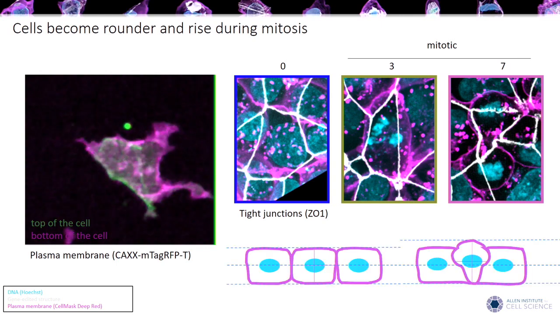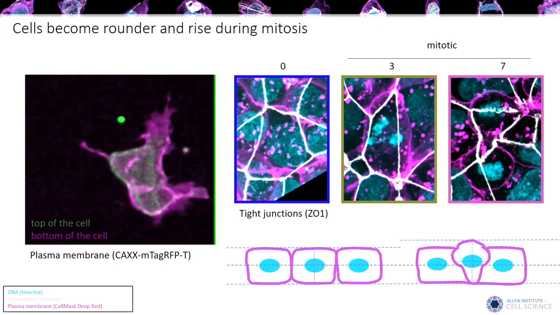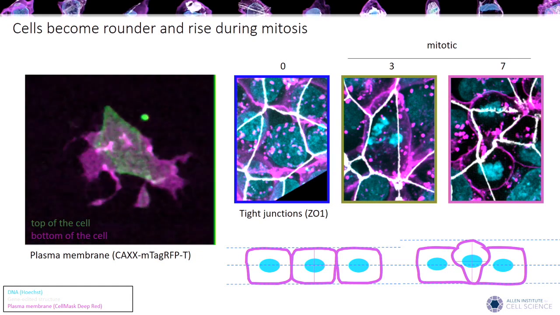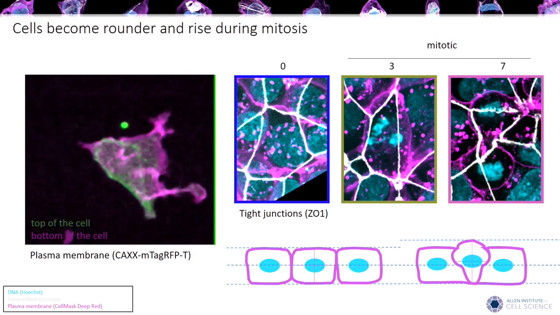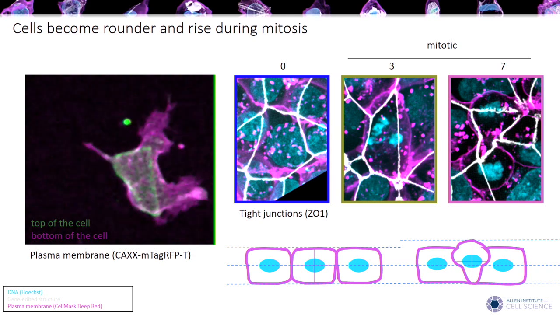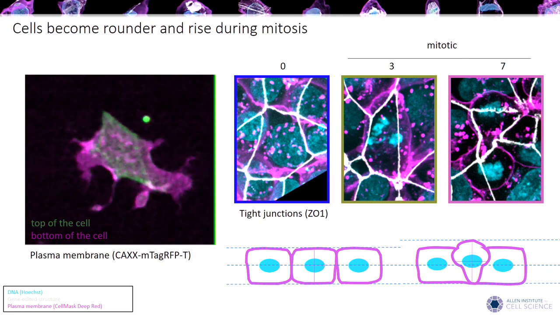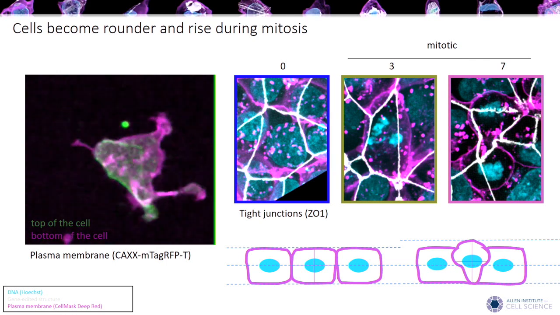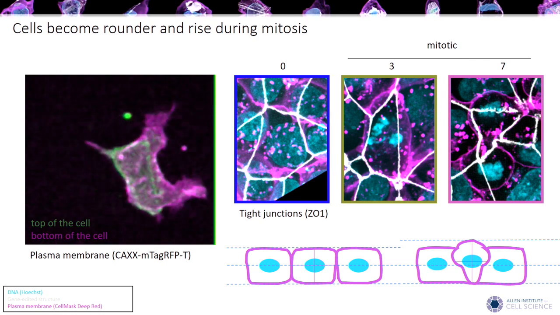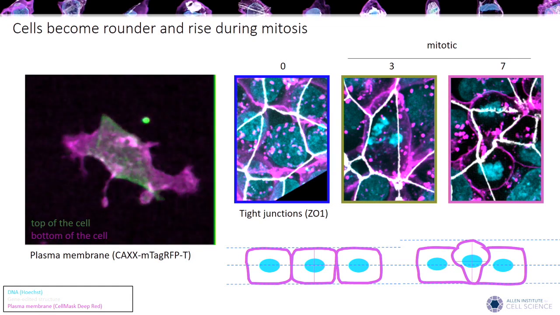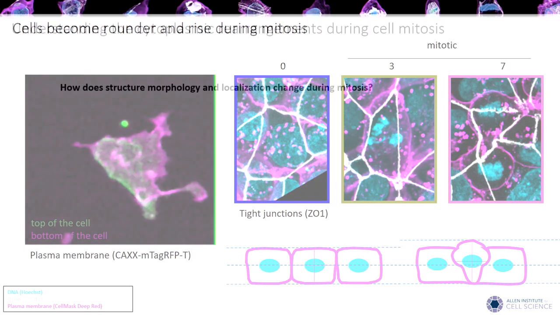So we think by maintaining the contacts with the neighboring cells, this is how the cells, once they divide, can maintain their position within the colony while rounding up. So they're maintaining here their contacts with their neighbors, anchoring in this colony, while underneath they're significantly rounding up and rising up within the colony.